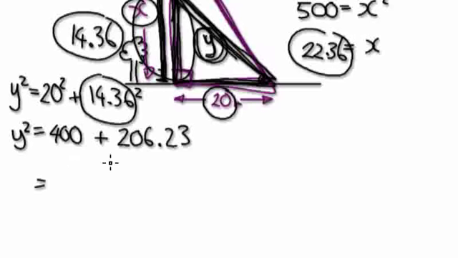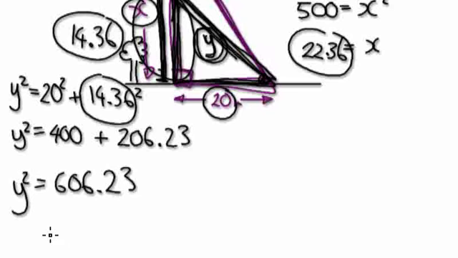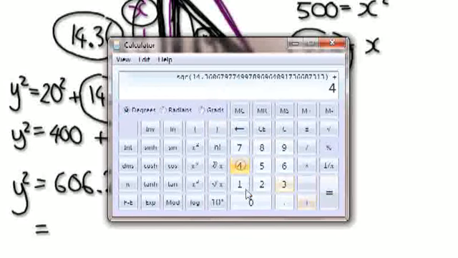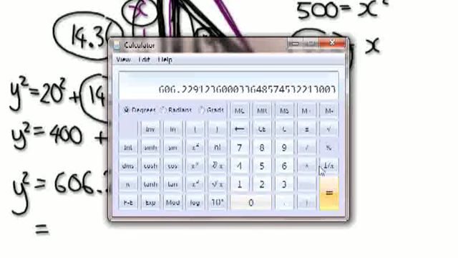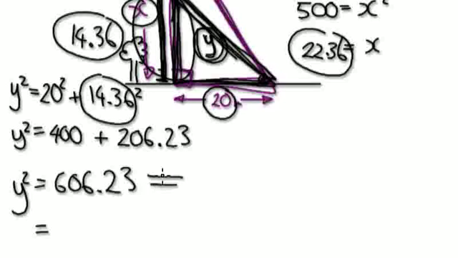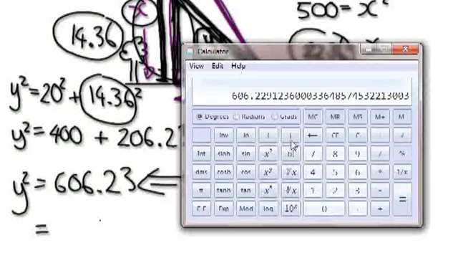Okay, and now add the two together. So it will be 606.23. So I've got to add 400 to this. Okay, so we are here at the moment. We're going to square root both sides of 606.23.